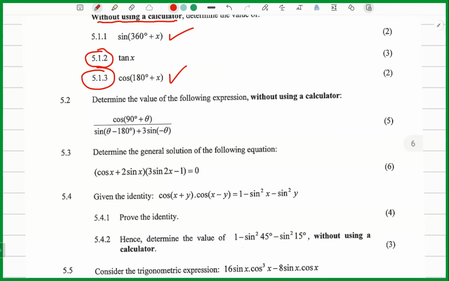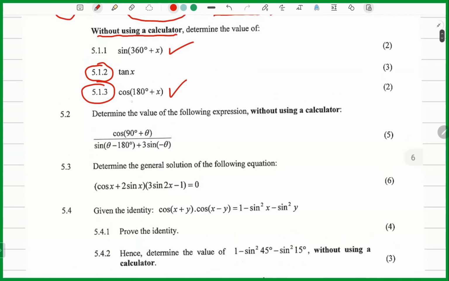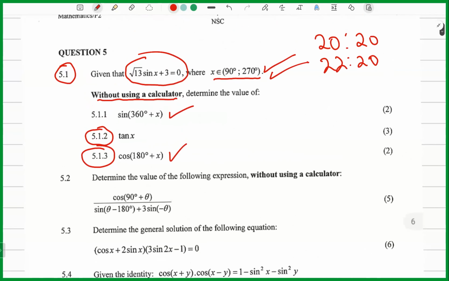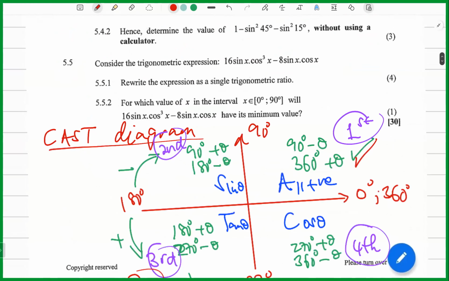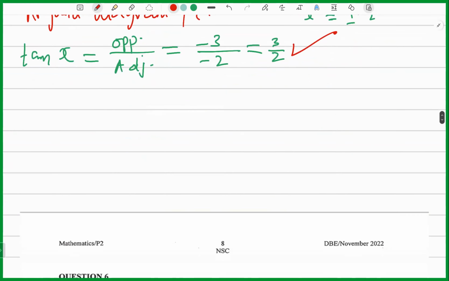Right, let's look at this one. Now we're dealing with cosine of 180 degrees plus x, and we're asking in which quadrant it is.